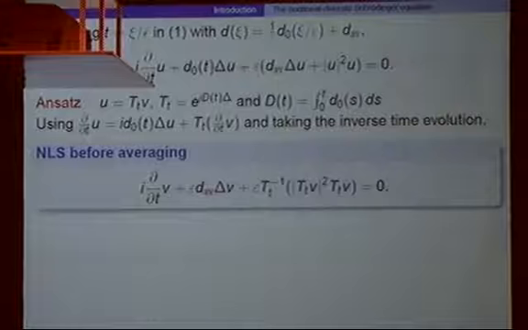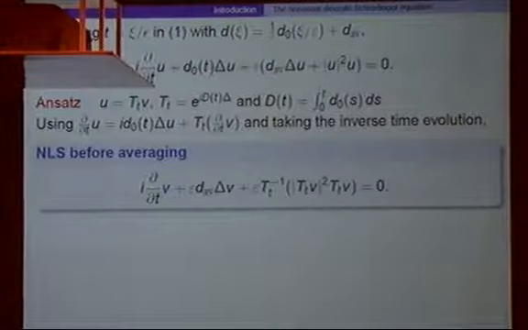If we differentiate in t, we get i small d sub 0 of t Laplacian in front, and this itself with v, which is u itself. So we have this term, and here we have T sub t of the derivative of v.